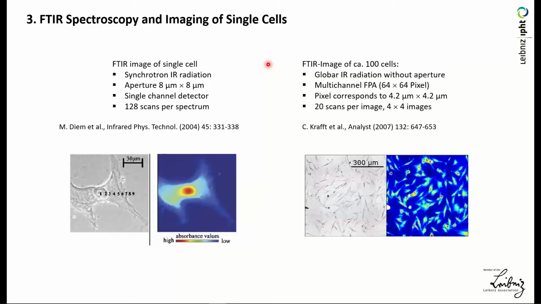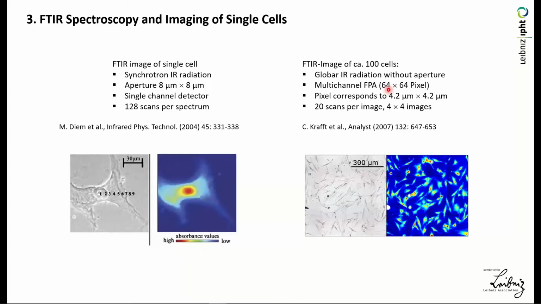So an FTIR imaging microscope was a progress. In 2007, I published a paper about mesenchymal stem cells. Such a system used a glow bar as an excitation source for the infrared microscope. An aperture is not needed because the segmentation is achieved by this 64 by 64 pixel focal plane array detector.